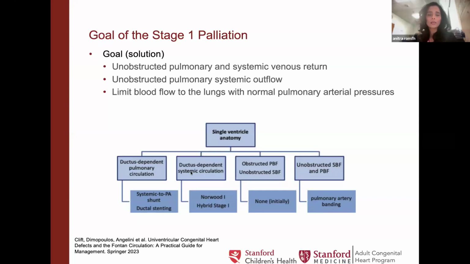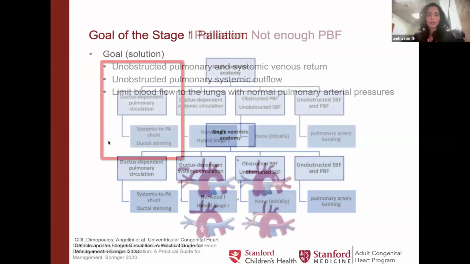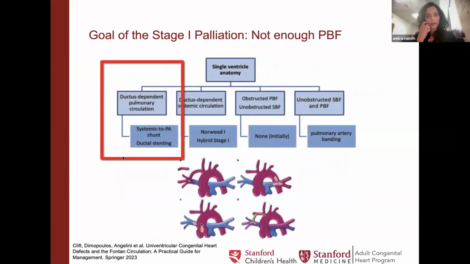And so how do we go with these goals and these solutions for each of the various lesions? Well, it's fairly straightforward in the sense that if you have ductal dependent pulmonary circulation, you need to establish a more robust way to take blood to the lungs.